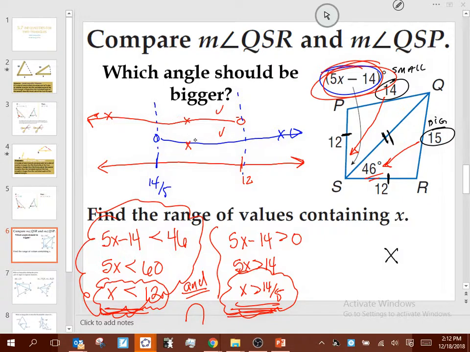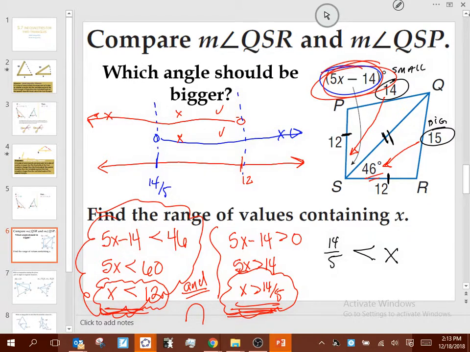The right side or the left side? It's on the right. And if it's my number line, values to the right are what of 14/5? Greater than, right? So I'm going to write that. I'm going to write x greater than, I'm going to read this from the middle to the left. X is greater than 14/5. Does that make sense?